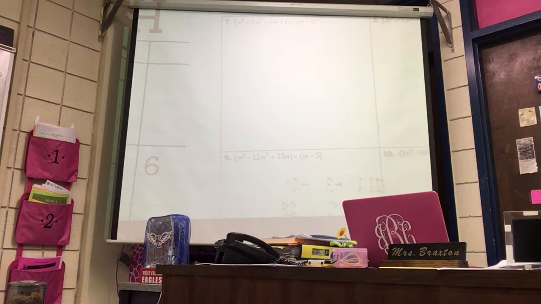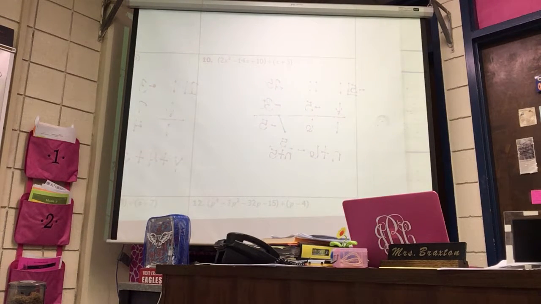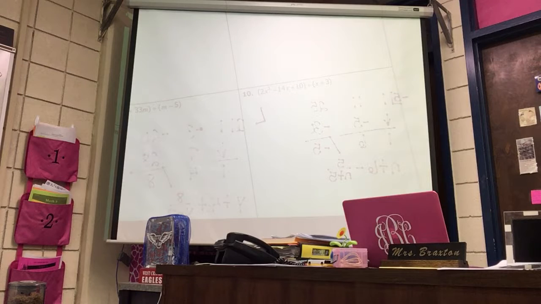All right, let's look at number 10. What's happening with number 10? It's missing the x squared, right? All right, so what's going to go in the box?